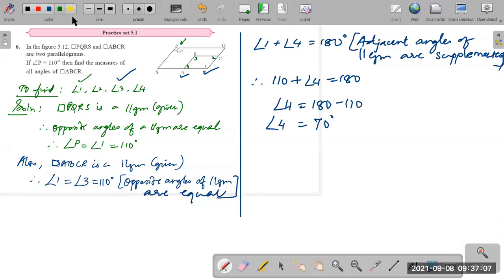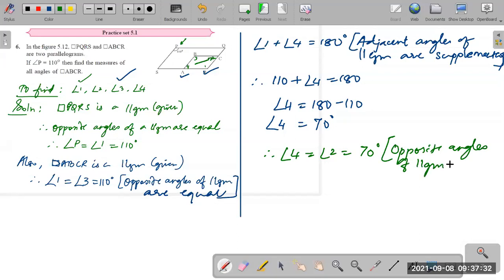Again, we can use this opposite angle property to find angle 2. Therefore, angle 4 equals angle 2 equals 70 degrees. And what is the reason? Because opposite angles are equal. You have to write all the properties.